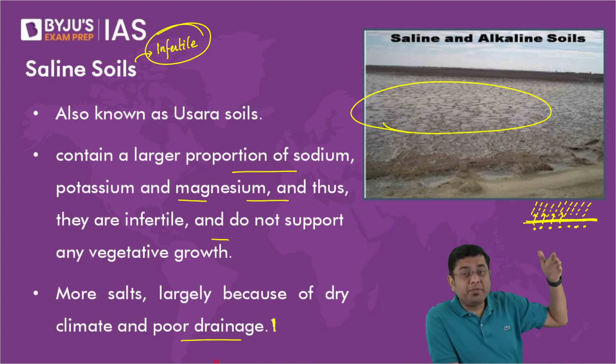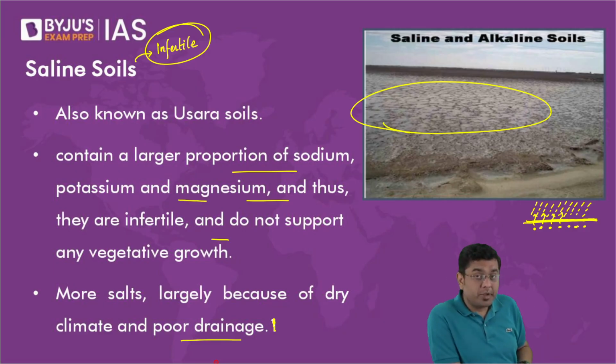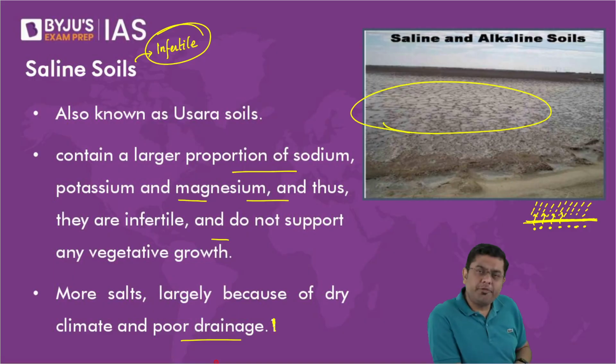Now, as the sun begins to shine, all that nutrient, all that salt, accumulates on the surface as the water is lost due to evaporation. Once that salt accumulates on the surface, it becomes so very hard that it does not allow the penetration of air and moisture anymore. So that makes the soil infertile.